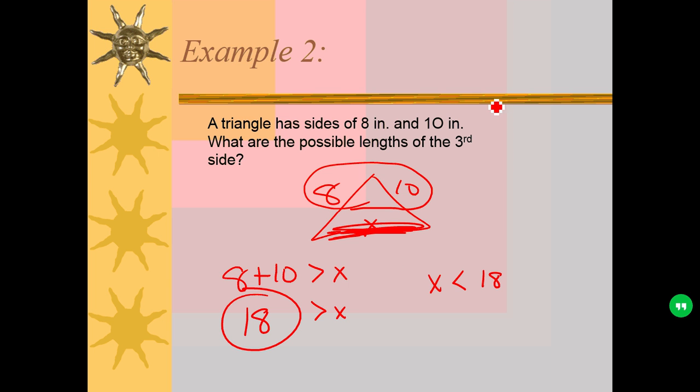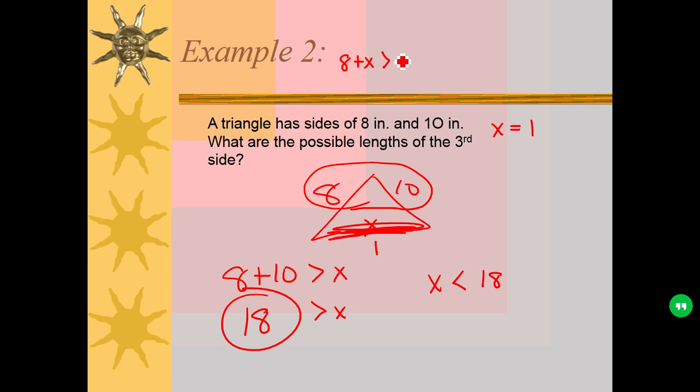Now, what if I asked you if it's possible for x to equal maybe 1? Well, if we go back to that idea that the two smaller sides have to be larger than the third side, if this was 8, 10, and 1, then 8 plus 1 would give me 9, and that's not larger than this third side. So now we need to look at this in terms of 8 plus x.